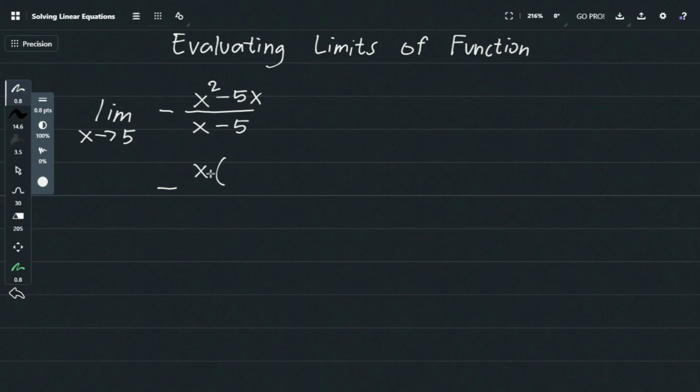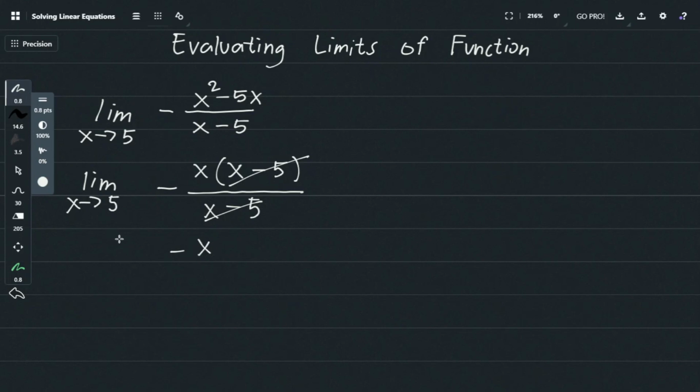So x squared divided by x is just equal to x. So negative 5x divided by x is just negative 5, all over x minus 5. So we can cancel x minus 5 and copy the expression. So as you can see, we have negative x left.